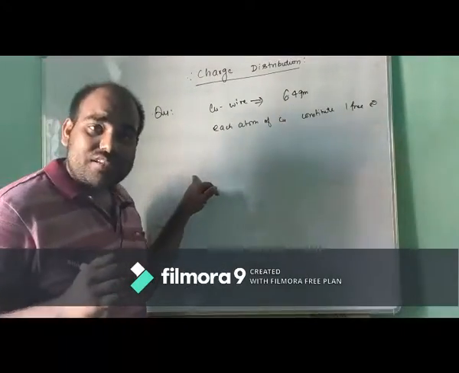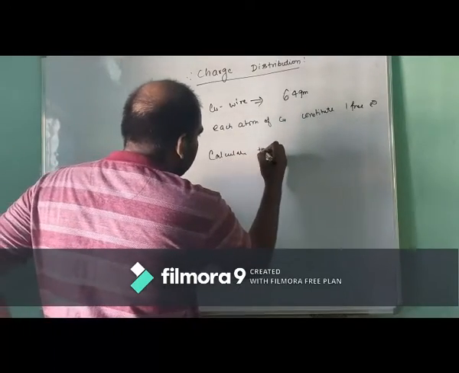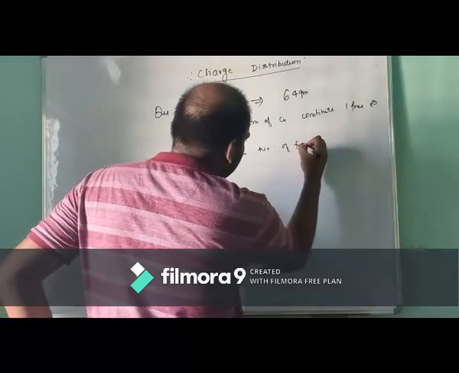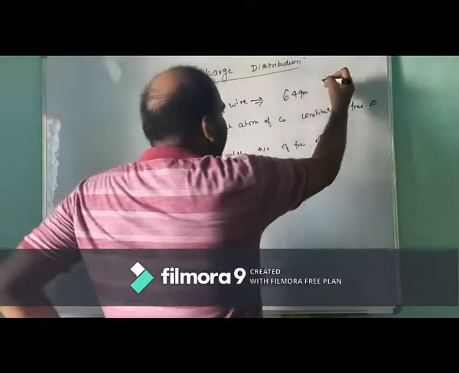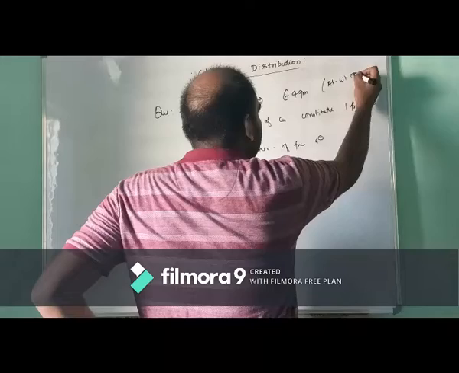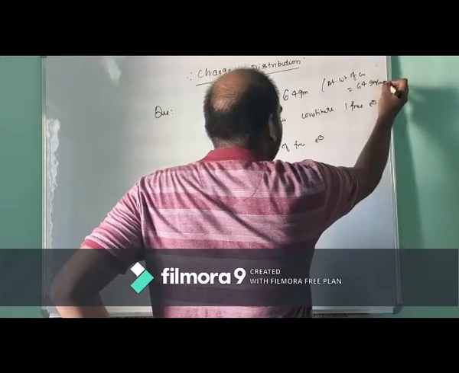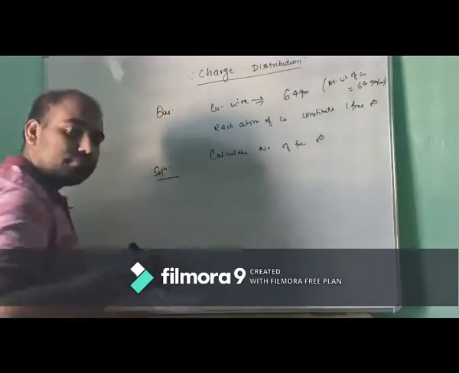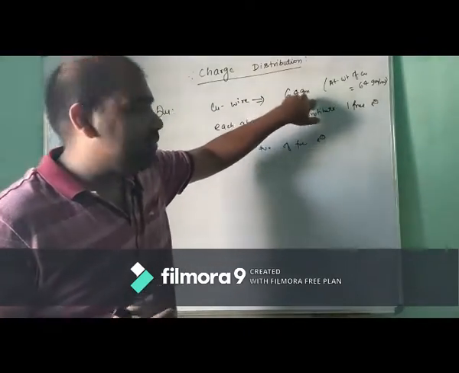Now, what is asked? Calculate the number of free electrons present in the copper. Given that the atomic weight of copper is 64 gram per mole. It is given in gram.